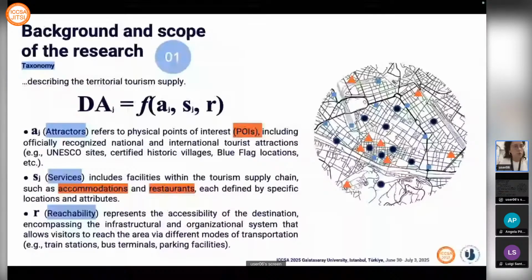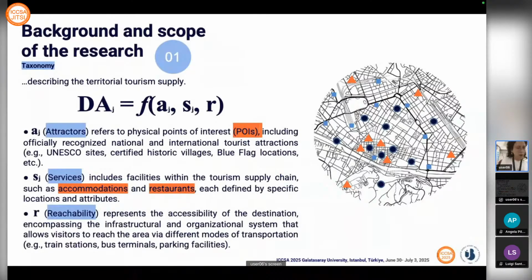The services are divided into accommodation and restaurants that support the tourism value chain, and the reachability points are all the points of access to the infrastructural systems of the territories.